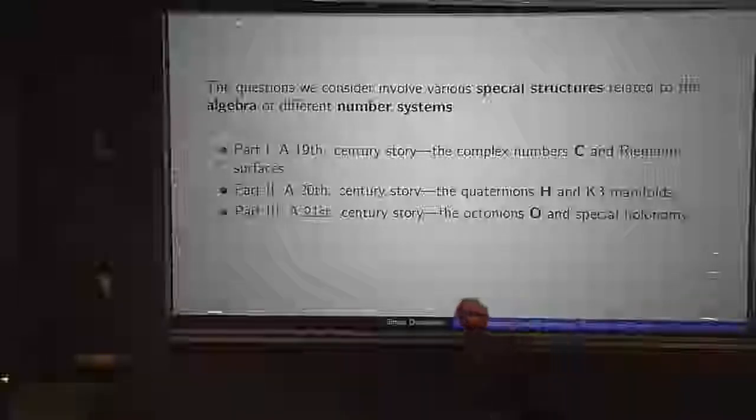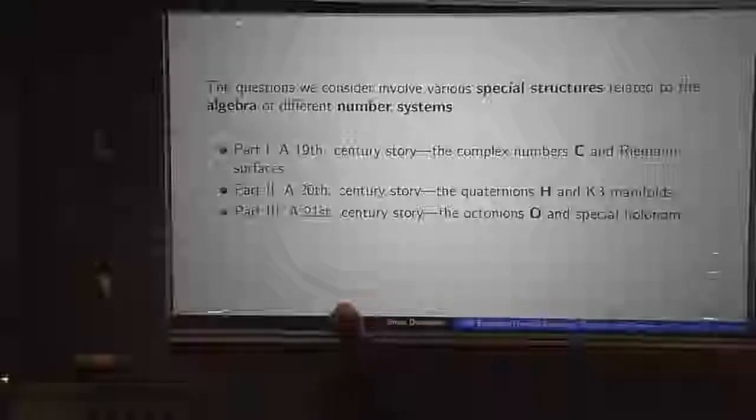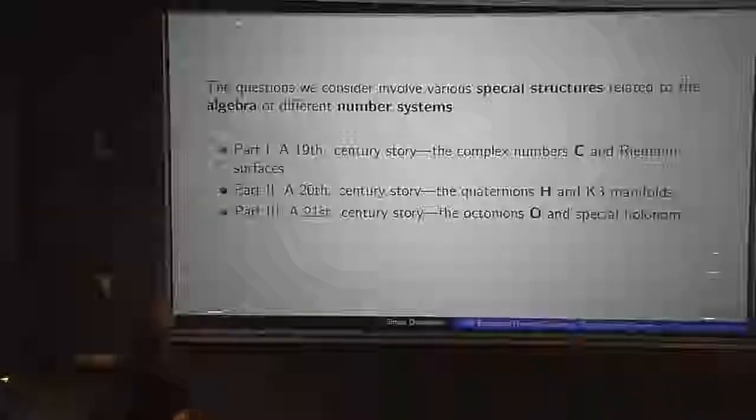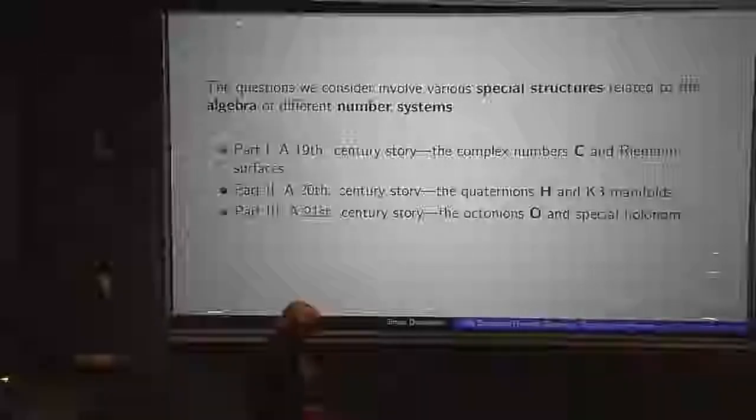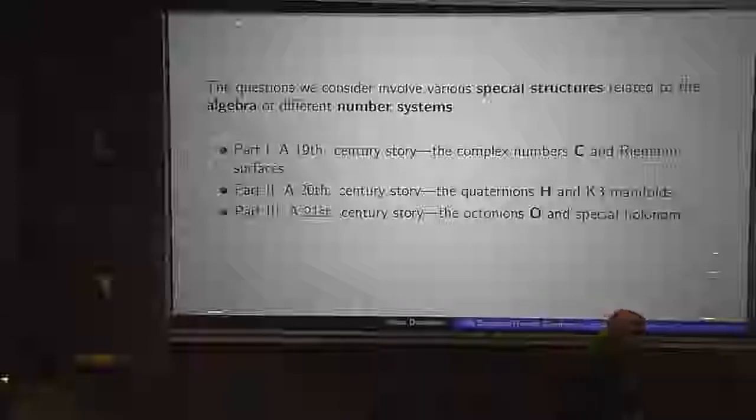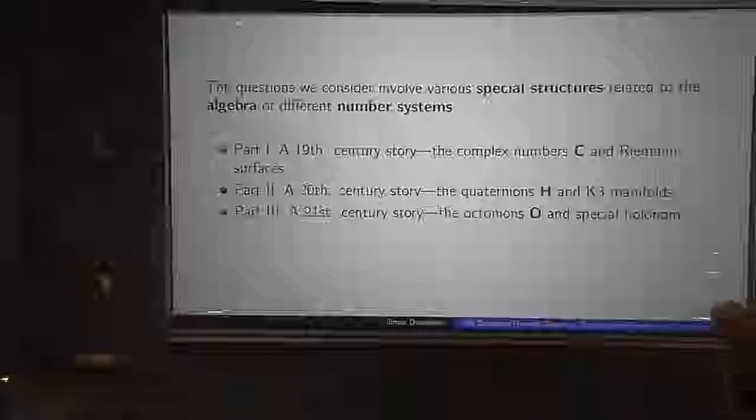So the plan for the talk is that there'll be three main parts, and these parts will be connected to three different number systems. There'll be a 19th century story, which will involve the complex numbers and what are called Riemann surfaces.